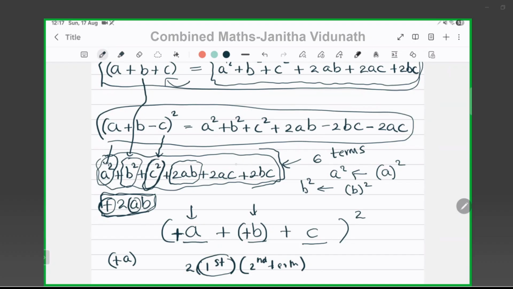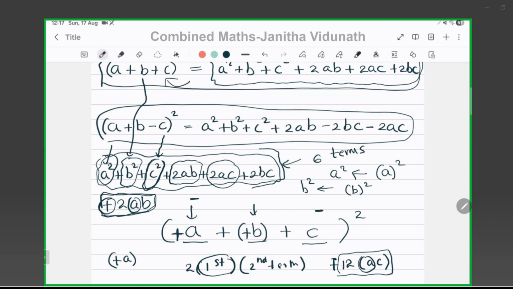Okay. Now if we look back at this term, here this term is also positive 2 times ac. Here we know that our a is a positive term. Then this multiplication should be obtained from the multiplication of the first term and the last term.